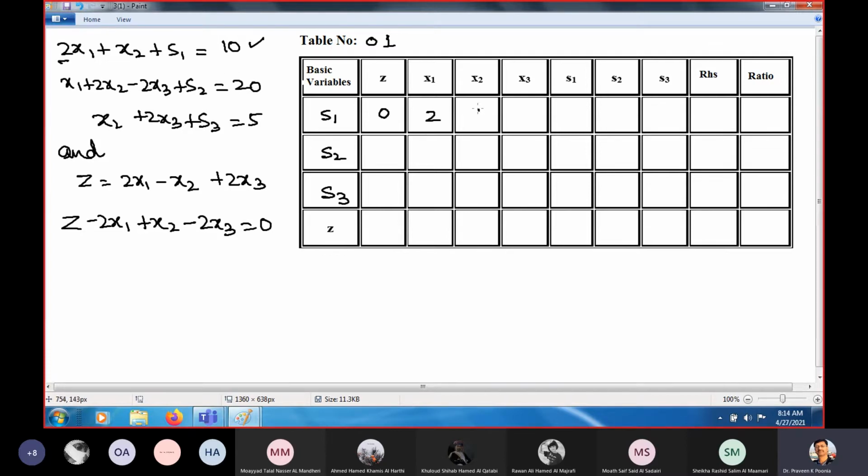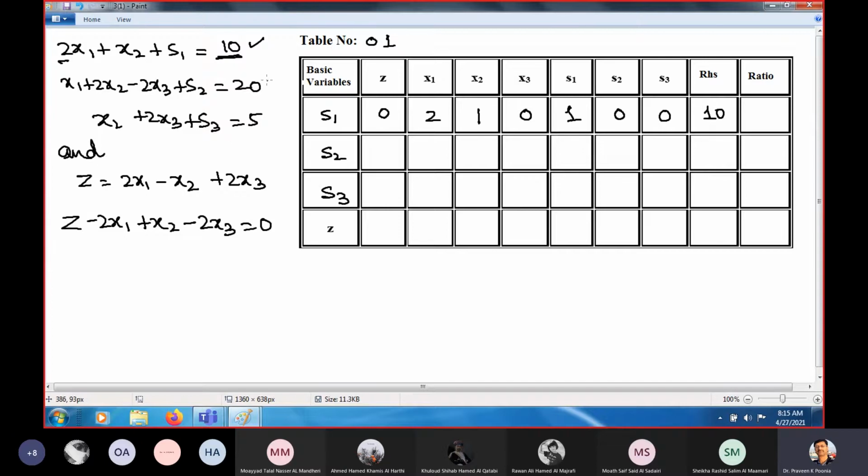X2? Yes. 1. X3? No X3. 0. S1? Yes. 1. S2? No. S3? No. RHS, right hand side, is 10. This is equation number 1.